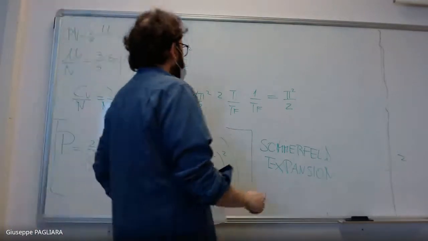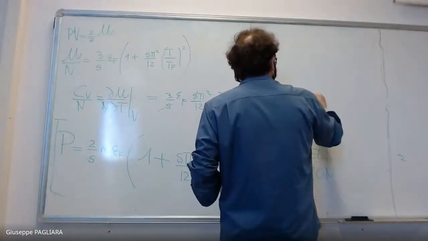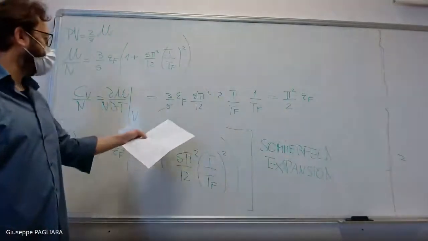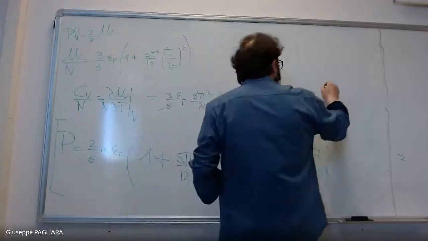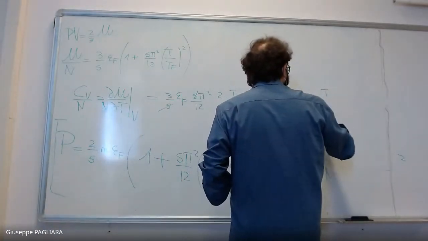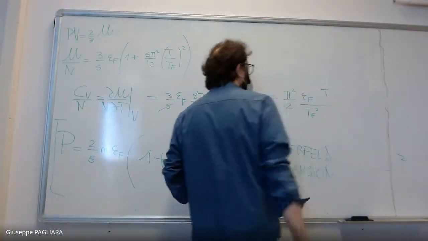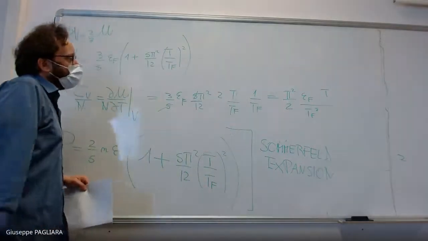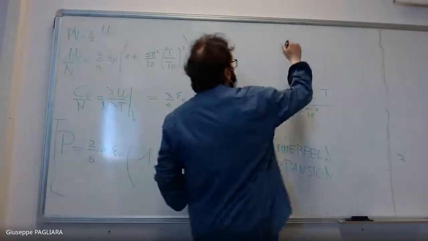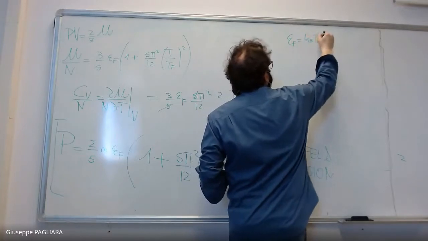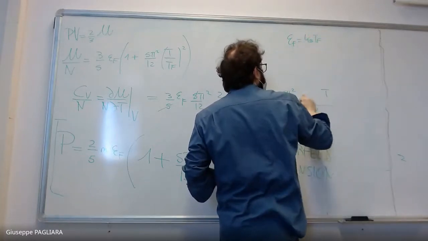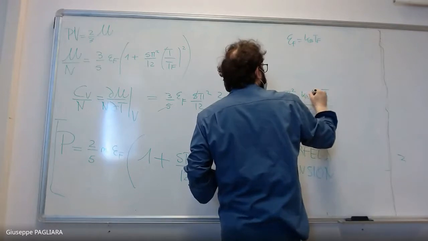Then I have a Fermi energy, pi squared divided by 2, a Fermi energy, a T, and here I have a TF squared. But EF is equal to KB TF. So this is KB TF.